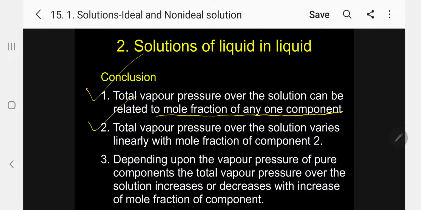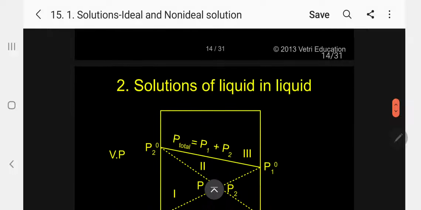Number two, the total vapor pressure over the solution varies linearly with mole fraction of component 2, that is solute. Number three, depending upon the vapor pressure of pure components, the total vapor pressure over the solution increases or decreases with increase of mole fraction of the component. These are the conclusions we are arriving at.